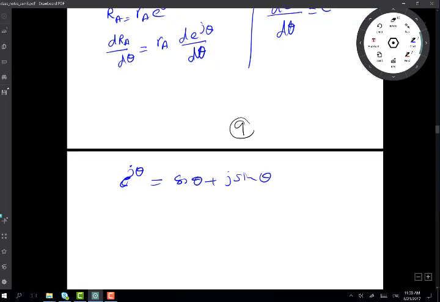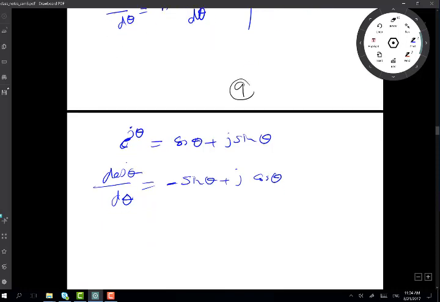When you differentiate, cosine becomes minus sine, j is constant, and sine theta becomes cosine theta. Now minus sine theta is really cosine of theta plus pi over 2, and cosine theta is sine of theta plus pi over 2.